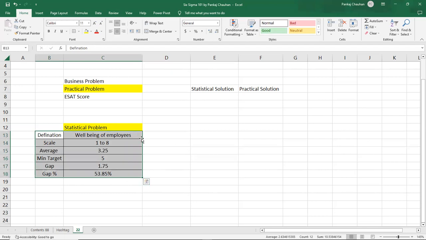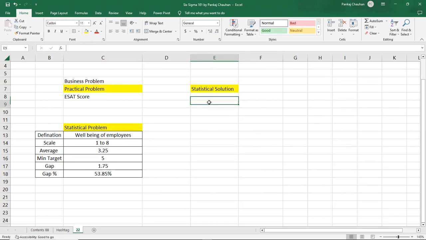Now, the next thing will be to find out the statistical solution. So what we'll be doing in a statistical solution is, we will try to develop the process characterization of the data by following the equation Y is equal to f of X. Y is equal to f of X, where Y is your output.